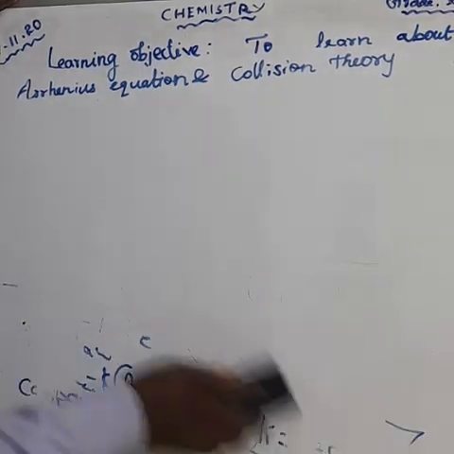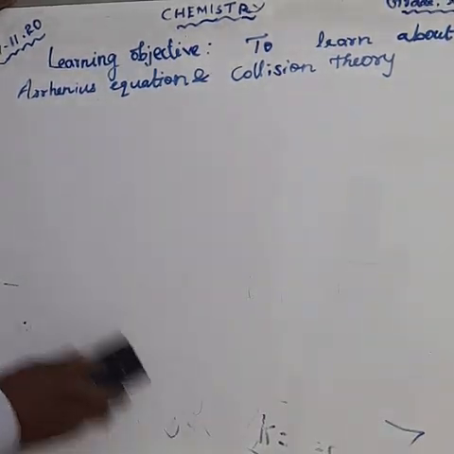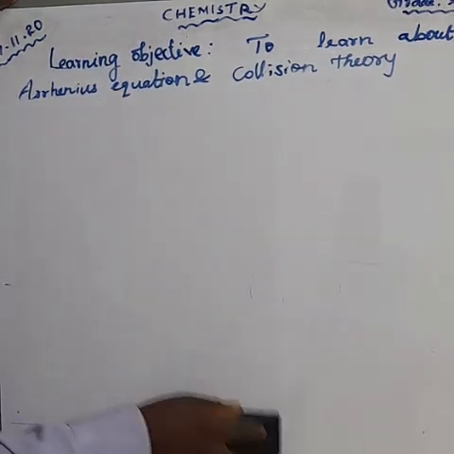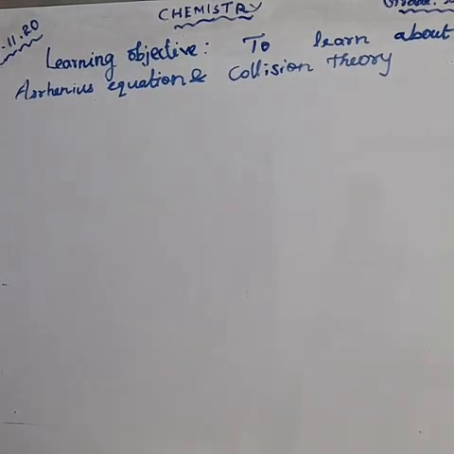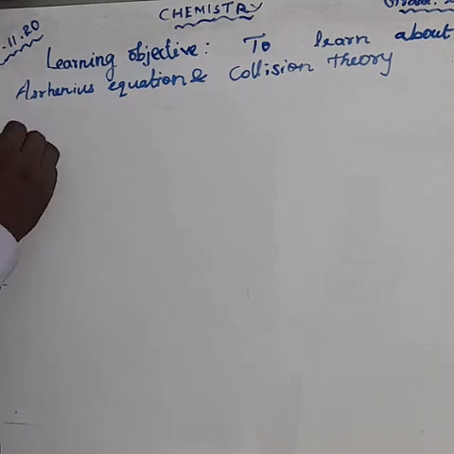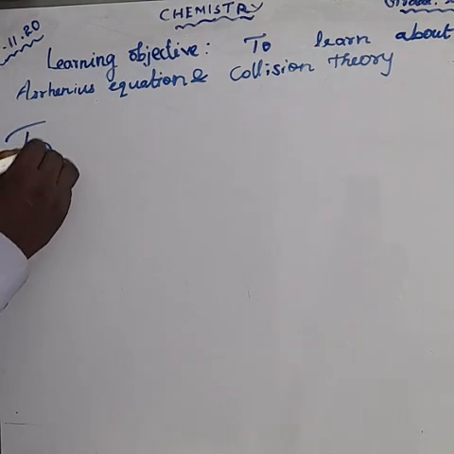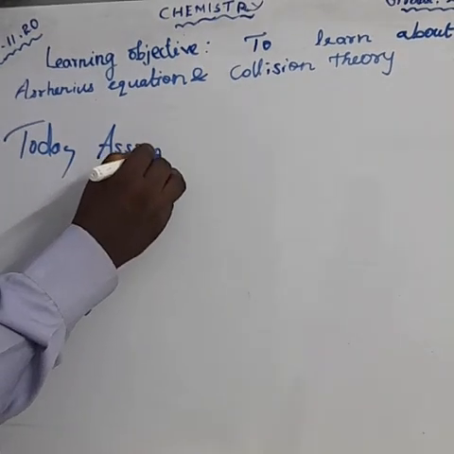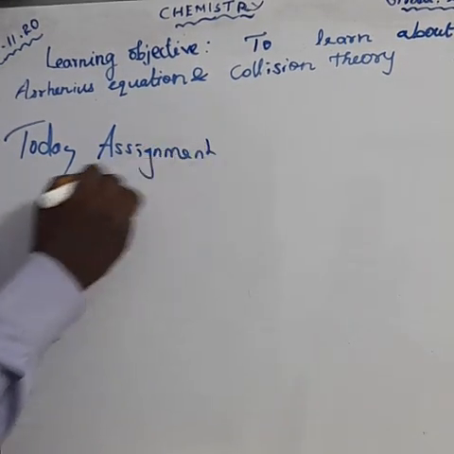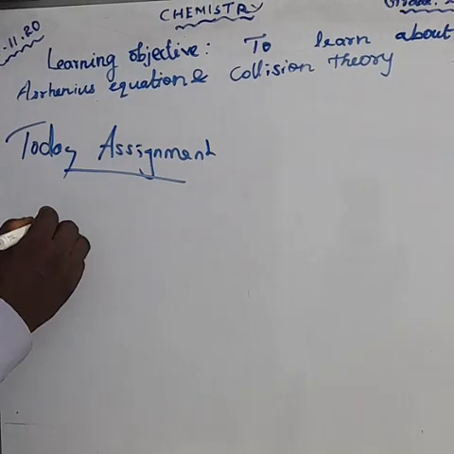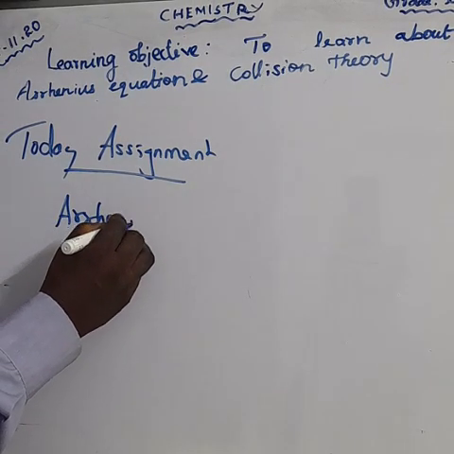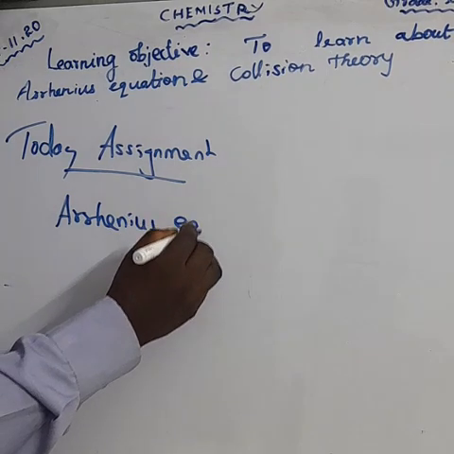So both the two questions are very important, collision theory and also Arrhenius equation from the kinetic chapter. Try to learn this question. Okay. So today's assignment, to learn about the Arrhenius equation.